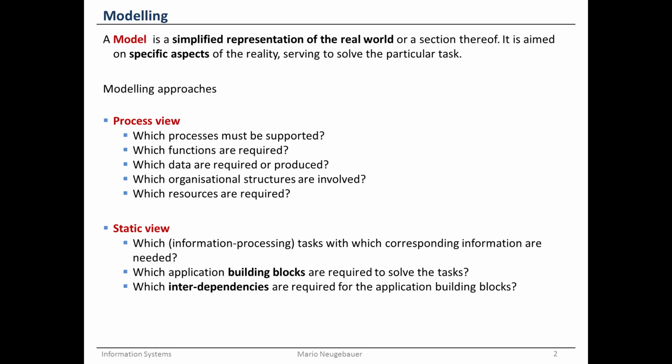You need to offer a form for the user, a form where he or she can input the data. Or you might require data, you might require information about which product is to produce. Then you have to present these data in the views of the information system, in the views of the ERP system.